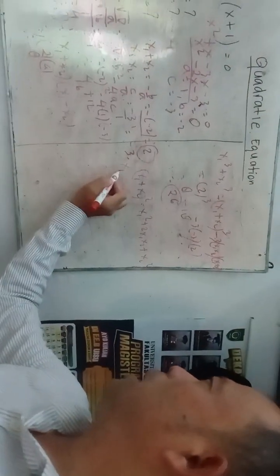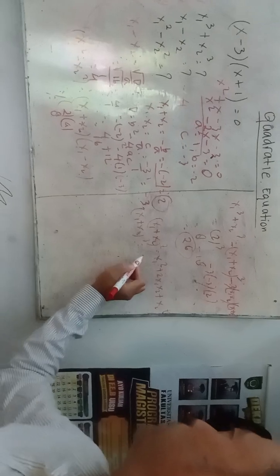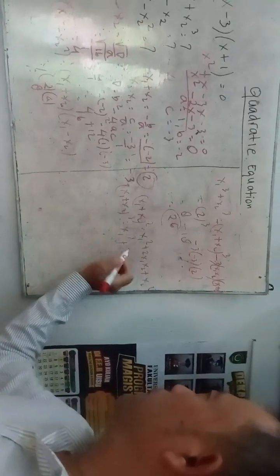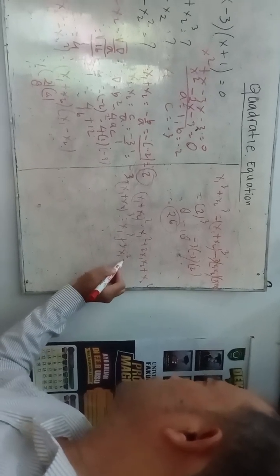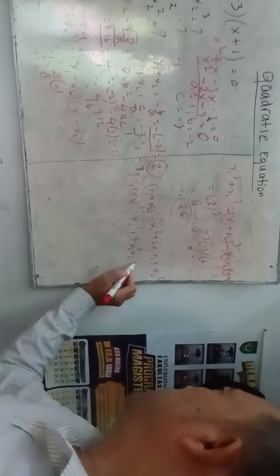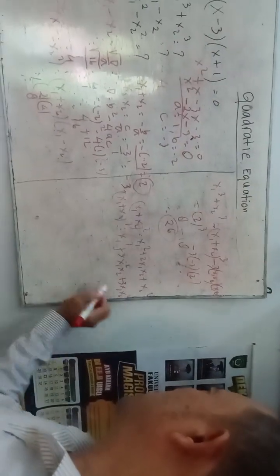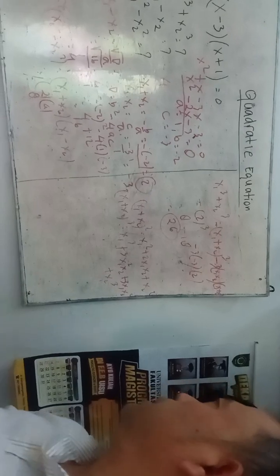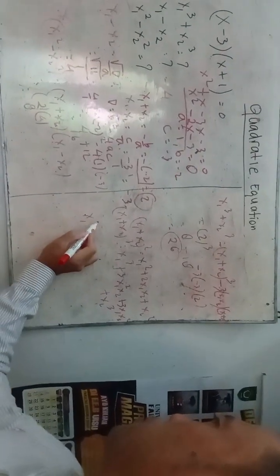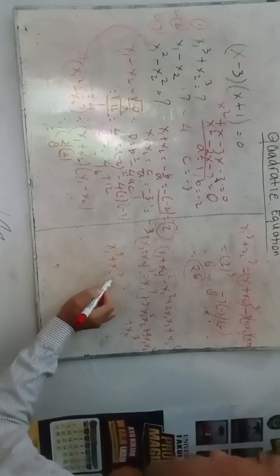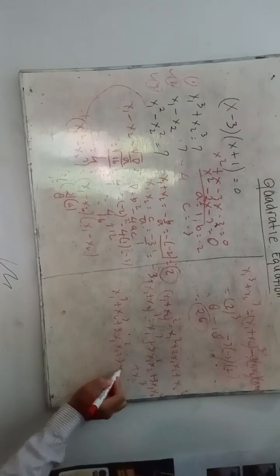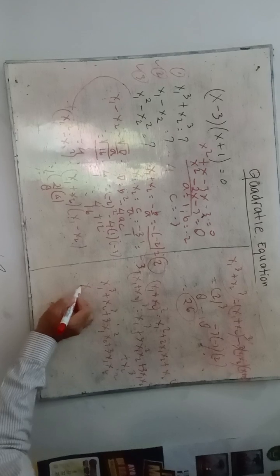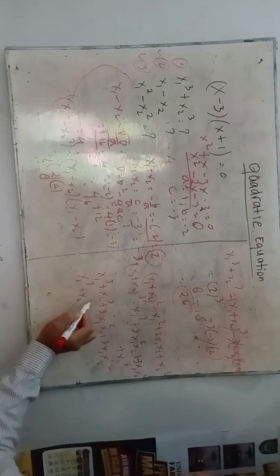Then (x1 plus x2) power 3 gives x1 power 3, plus 1 plus 2 is 3 x1 square x2, and then 2 plus 1 is 3 x1 x2 square, plus x2 power 3.